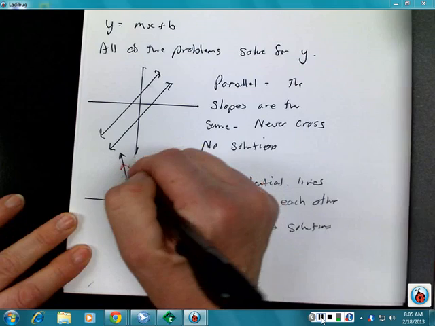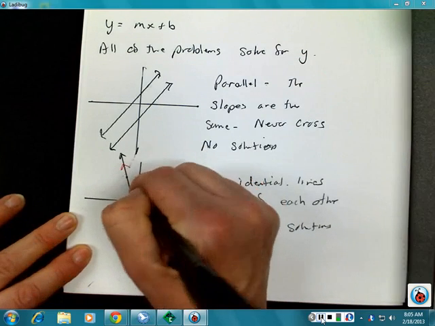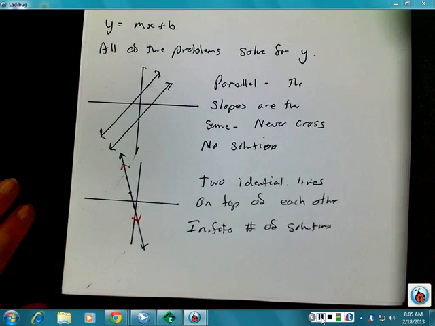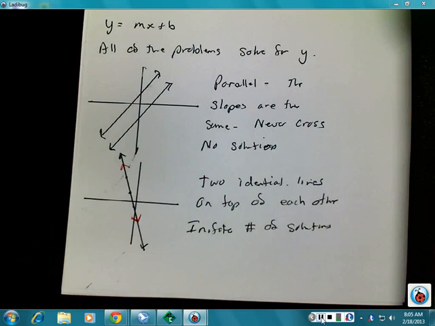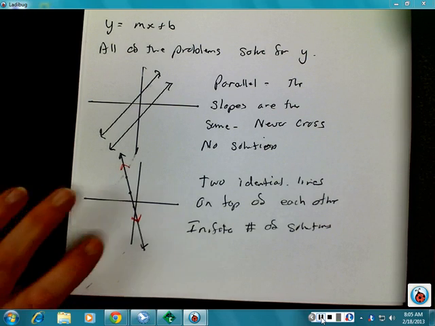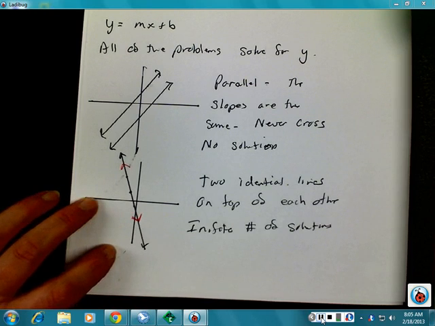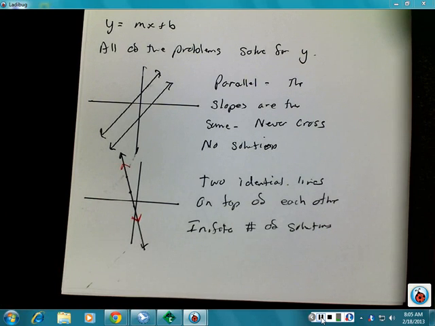So any point that I happen to stick on this line, wherever that point happens to be on that line, ends up being a set of points that make that graph come together. Okay so far? Okay, so that's our three possibilities.